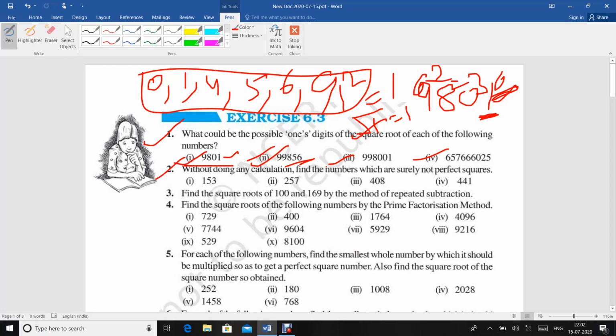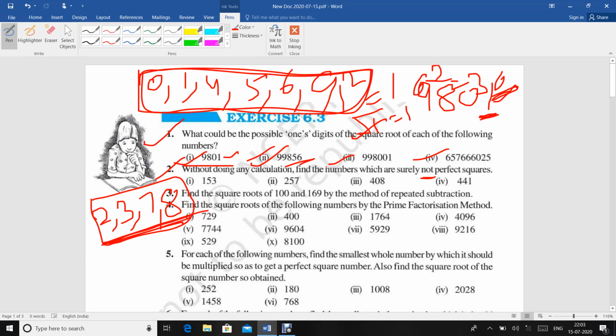Question number 2. Without doing any calculation, find the numbers which are surely not perfect squares. I have explained the property that no perfect square will end in 2, 3, 7 and 8. A perfect square never ends with these digits. These are not the unit digits for perfect squares.